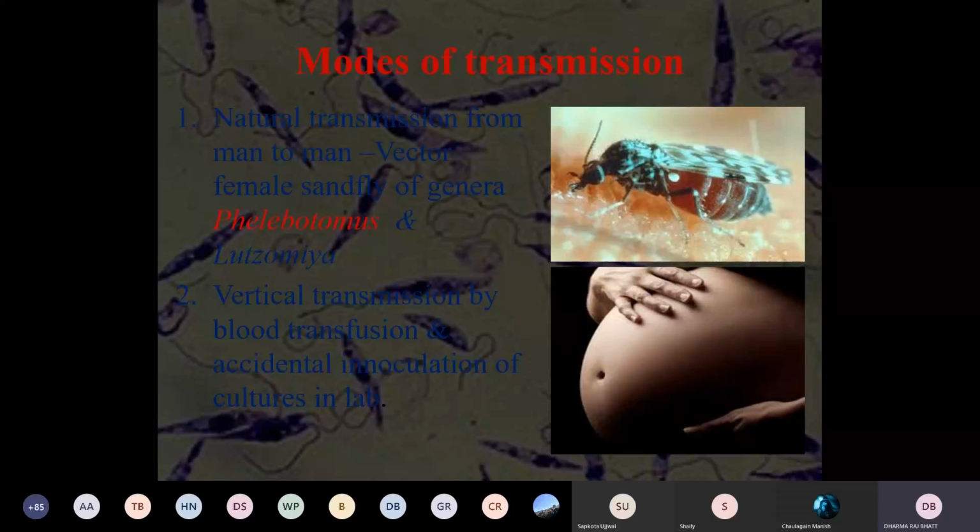Now, Leishmaniasis, as we have already discussed, is a vector-borne disease. What are the other examples of vector-borne diseases? Malaria, filaria, good. Next.